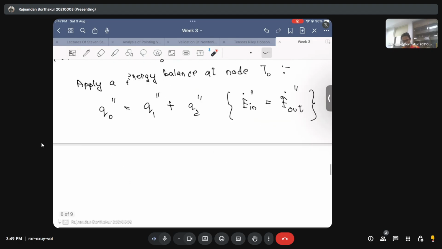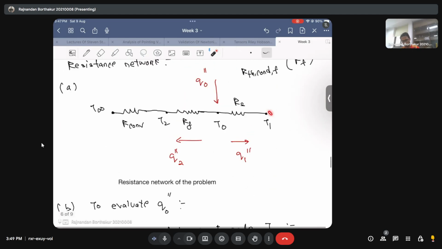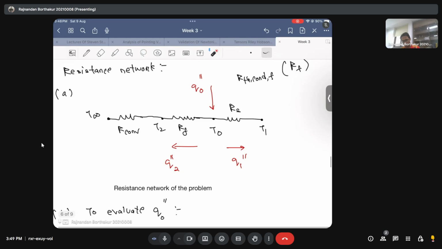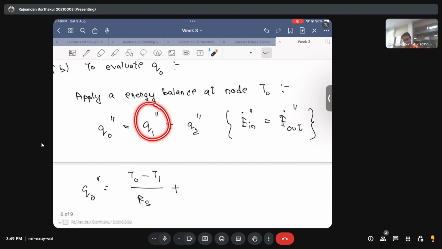Q1 double prime is simply T naught minus the temperature of this node T1, divided by the conduction resistance of the substrate, which is just Rs. This is your quantity Q1.